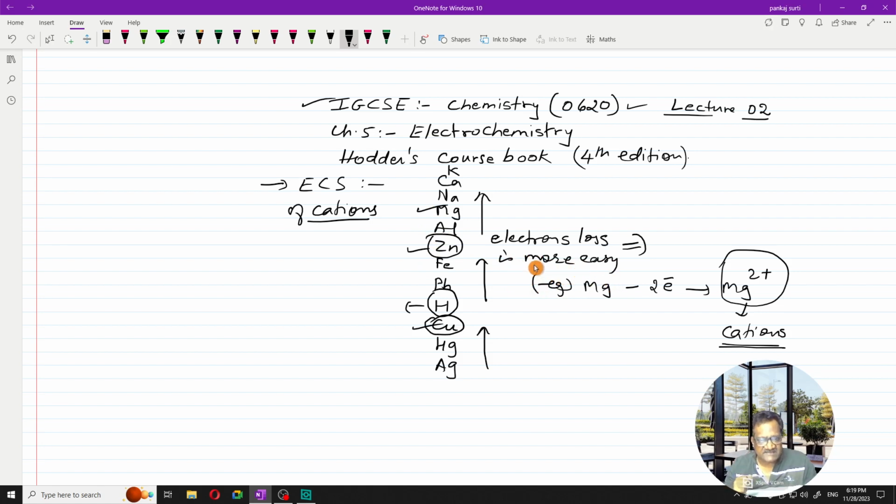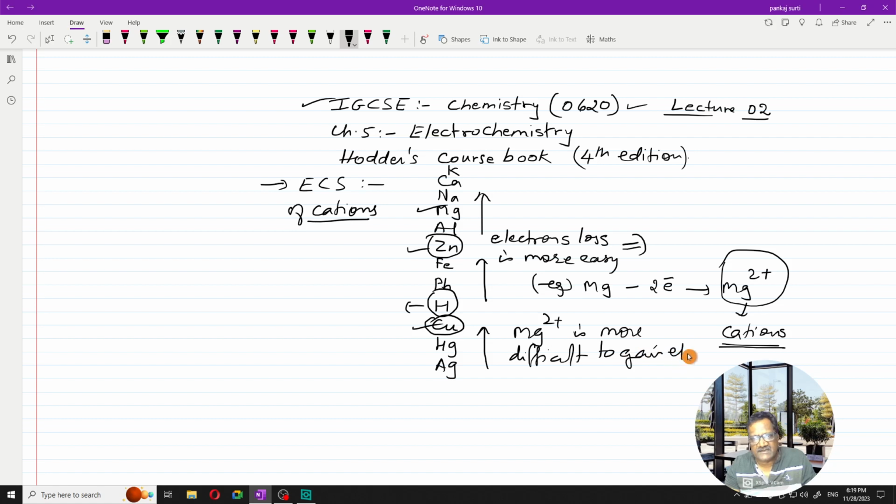But electron loss more easily also implies that the ion formed from that magnesium, Mg2 plus, this cation will find it more difficult to gain electrons.